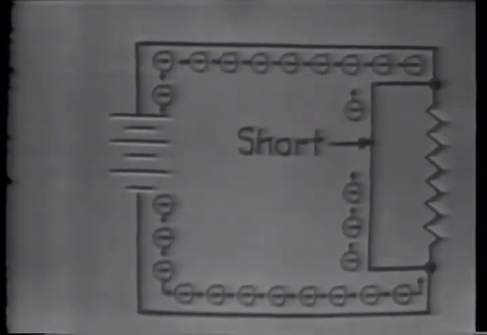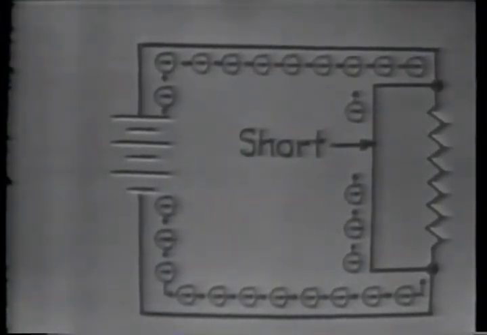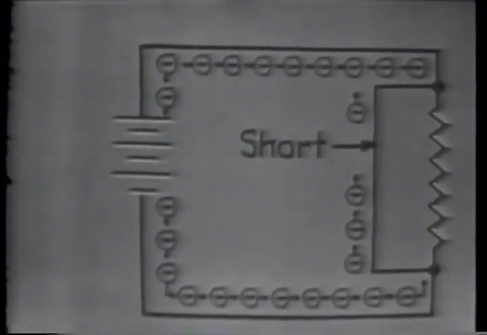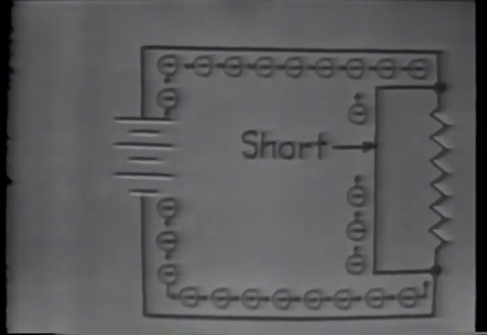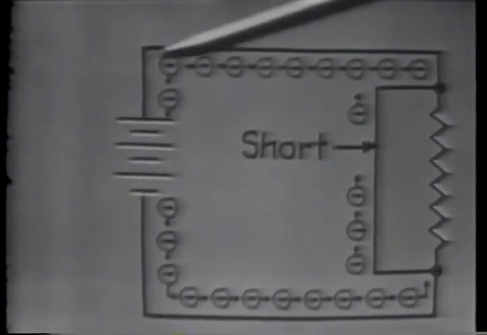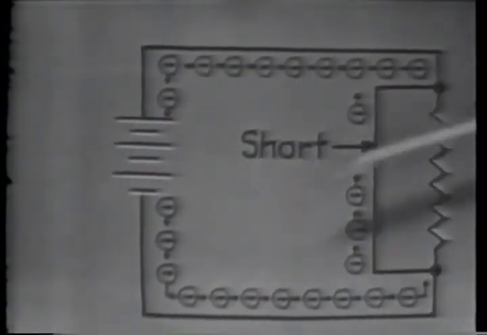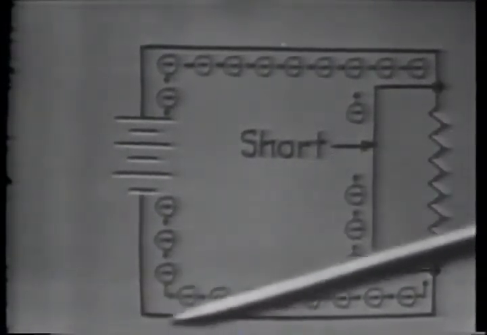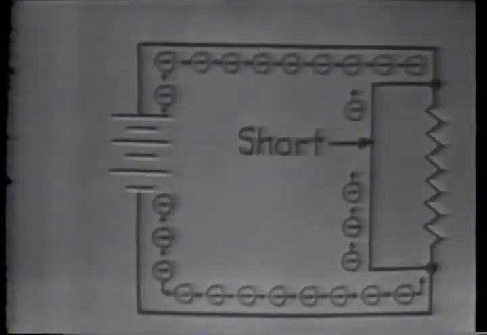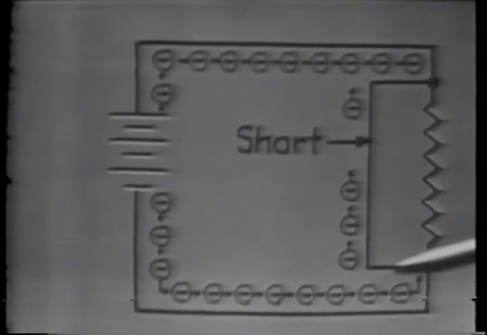A short amounts to connecting two conductors of a circuit through a very low resistance. In this case, the two conductors are the wires connected from the battery terminals to the terminals of the resistor. The low resistance is the wire that connects the terminals of the resistor together.